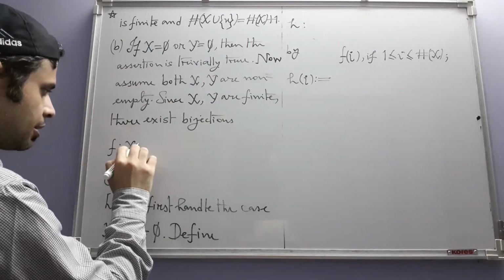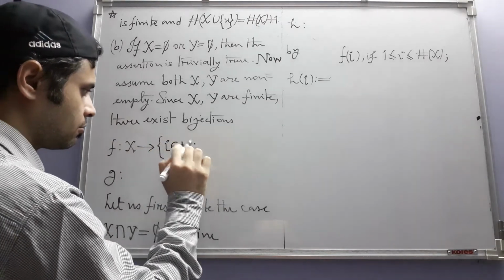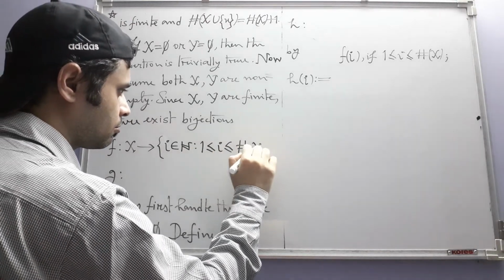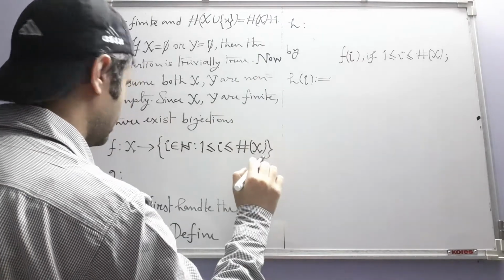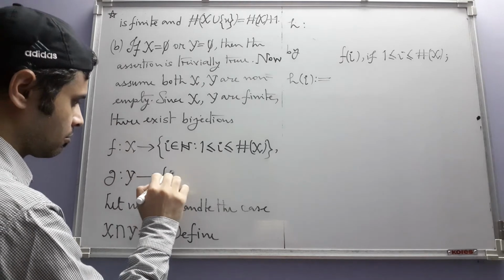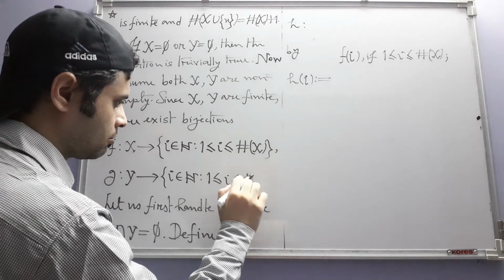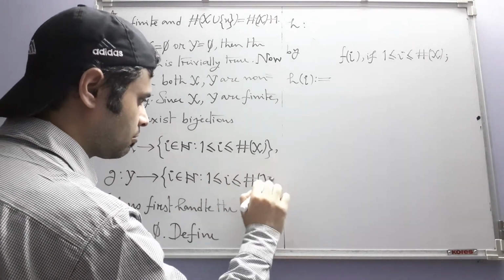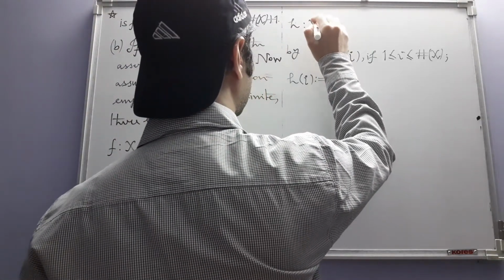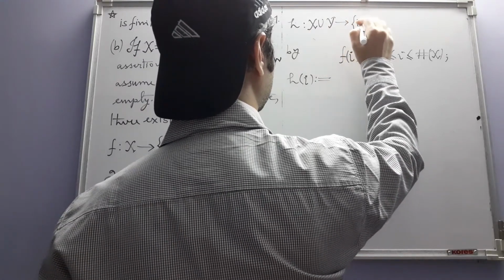So this is a function from this, and so define h from x union y into this.